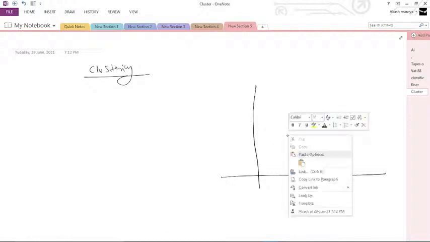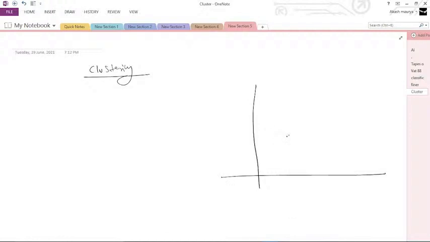Let's say I have two data sets, and I don't know which classes they belong to. Let's say I have some data here and some data here. If I ask you, based on similarity, to divide these data sets into two parts, containing two clusters, we can call them clusters.